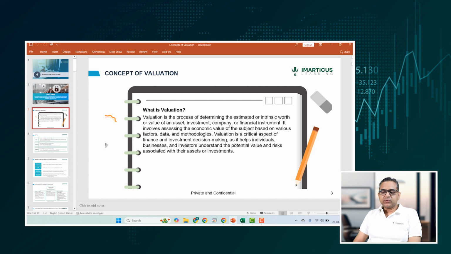So that's why we say it helps a lot in decision making, especially investment decision making, as it helps in understanding the potential value and risk associated with assets or investments.